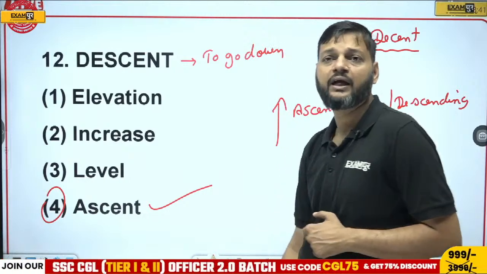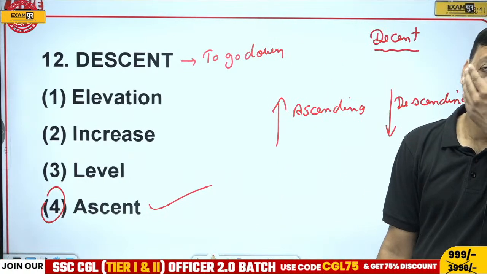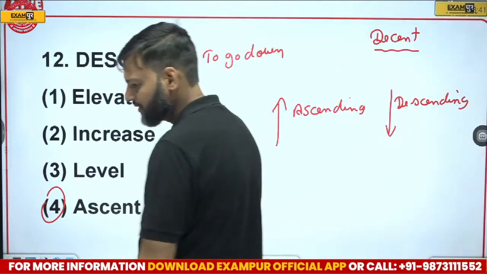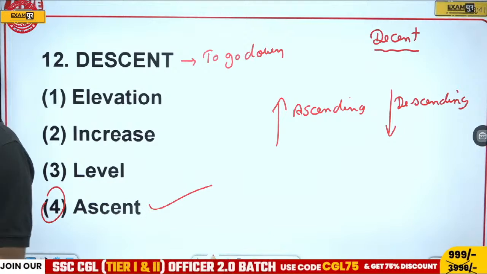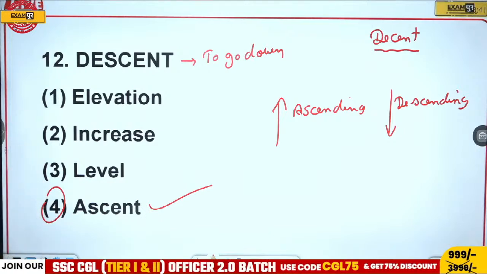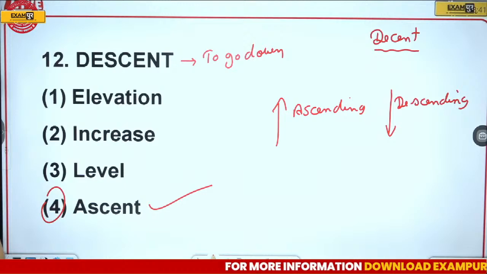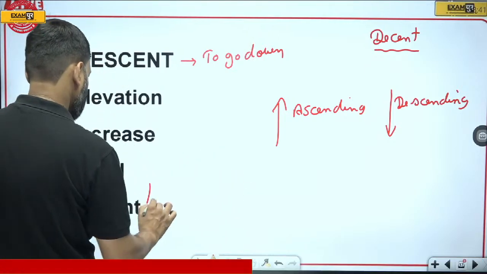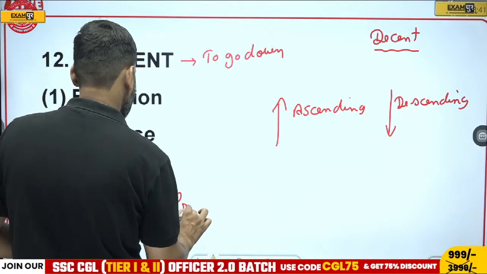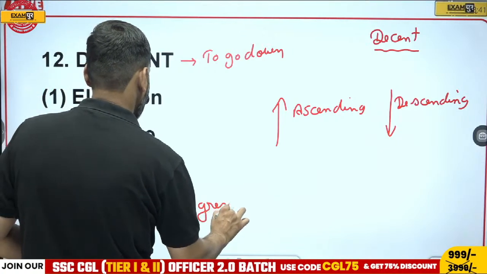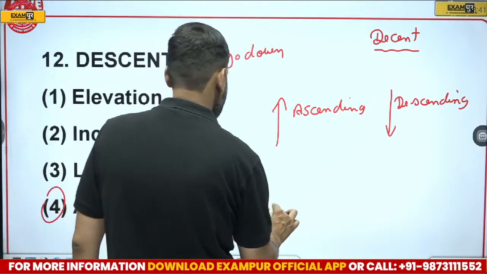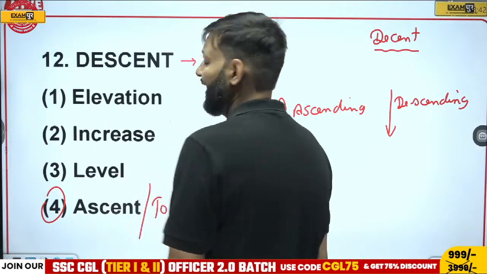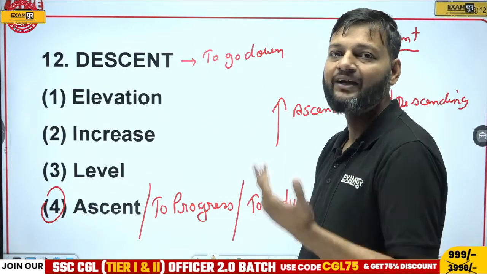Descent means to go down, ascent means to go up. The word ascent means to progress or to advance.